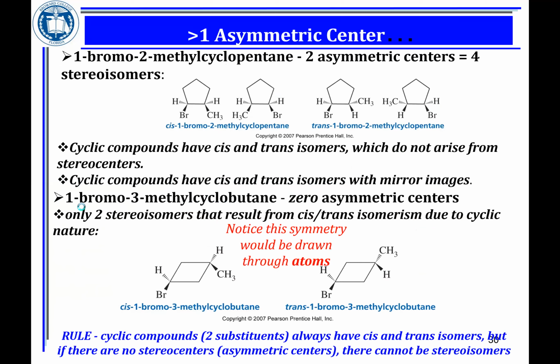For cyclic compounds, we do have cis or trans isomers also. If the 2 groups are on the same side of the ring, it is going to be cis, and if they are on opposite sides, it is going to be trans.